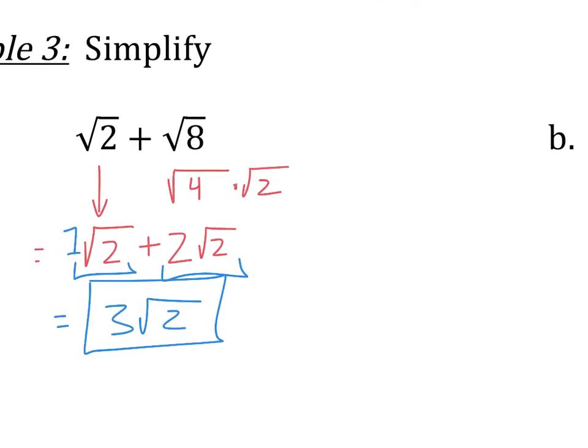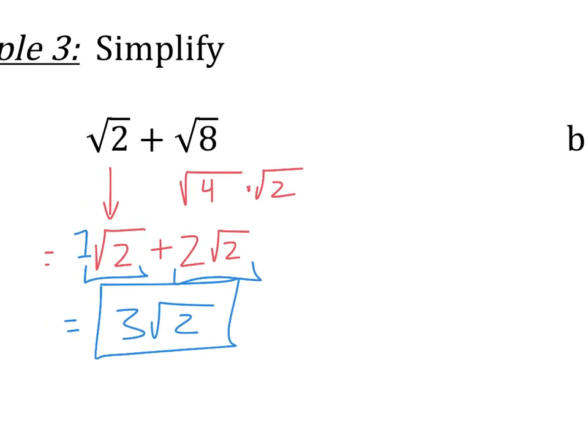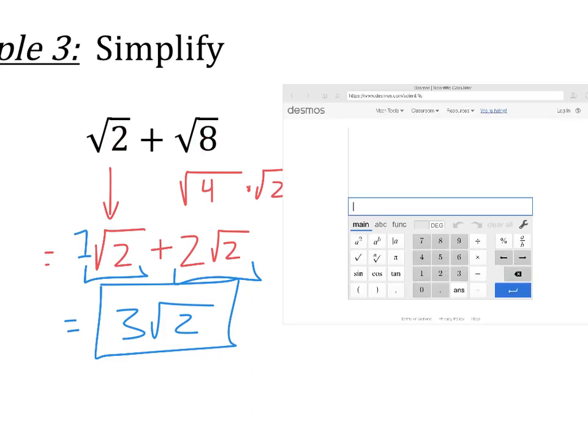Okay? Now let me pause for a second here. You might be wondering, okay, so what's the point? Well, we can kind of see the point because here we have 2 radicals and here we have 1. And just to verify this for ourselves, if we take the square root of 2 plus the square root of 8, there it is, 4.24, something like that.